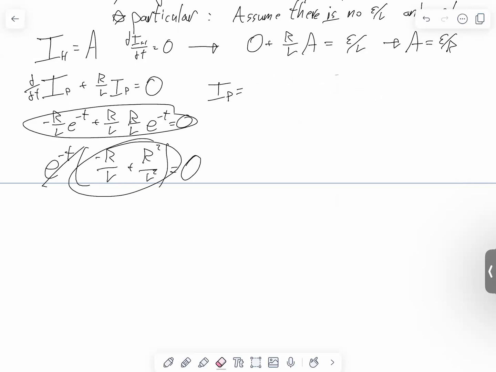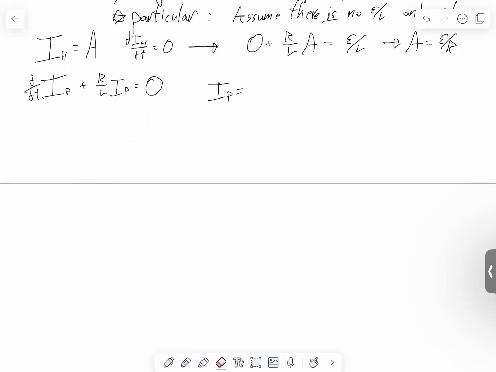We've got to find a way to pop down a constant only when I take a derivative. What am I describing? Chain rule. What's the derivative of this function?